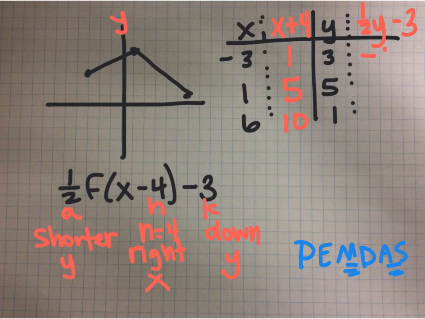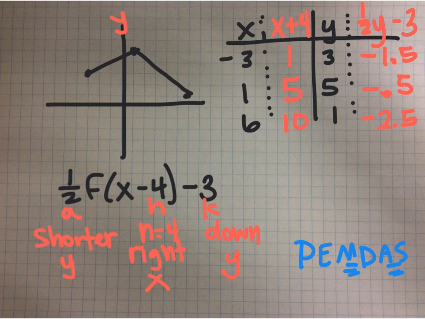Subtract 3, that's negative 1.5. 5 times 1/2, that's 2.5. 2.5 take away 3 is negative 0.5. And 1 times 1/2 is 1/2, or 0.5. Subtract 3 is negative 2.5.